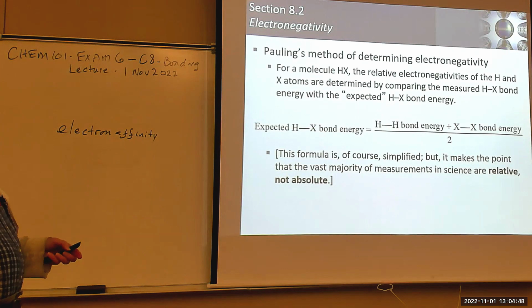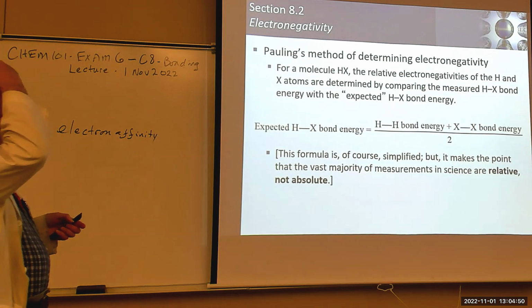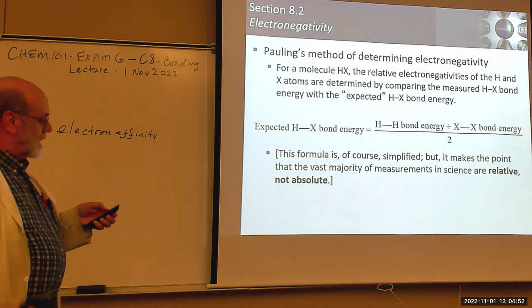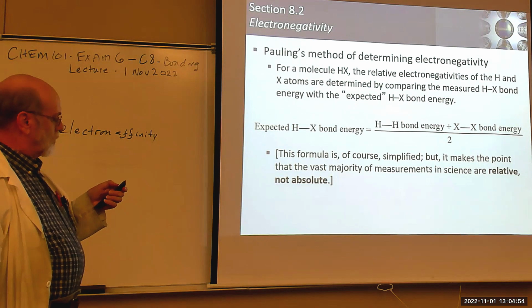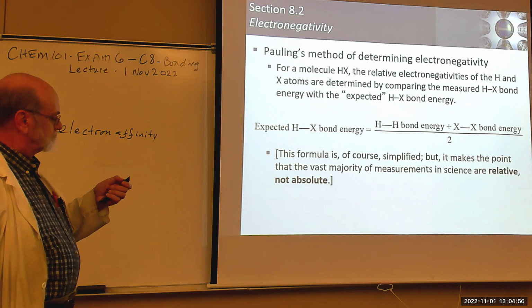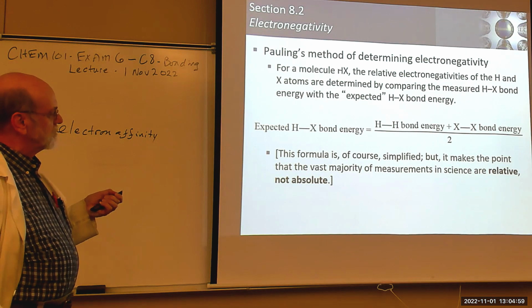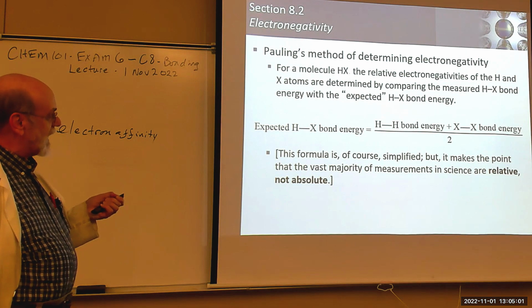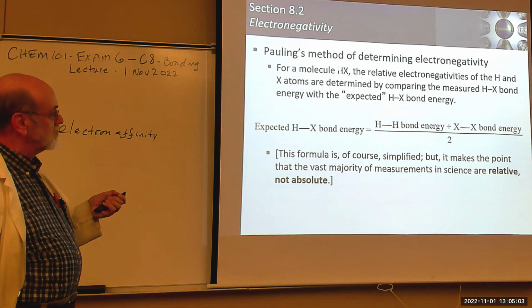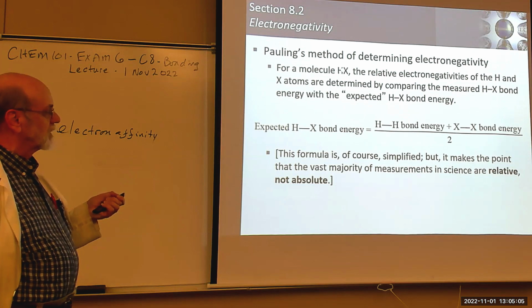Anyway, Pauling's method for determining electronegativity would take, for example, an atom of some element bonded with hydrogen.